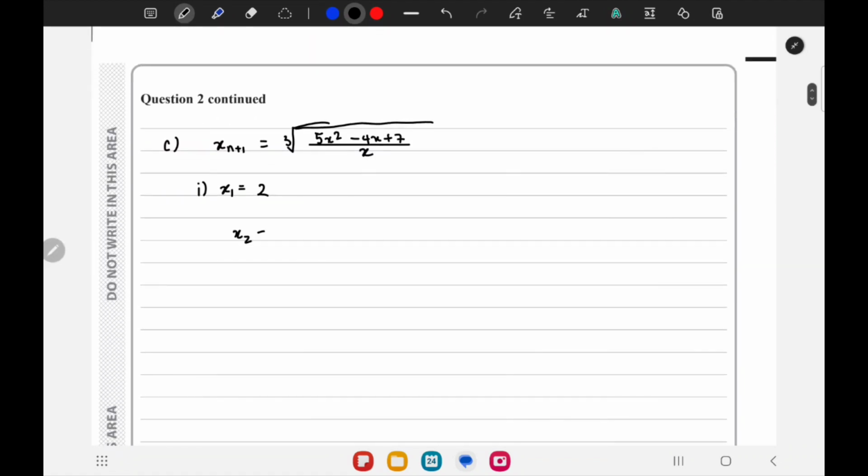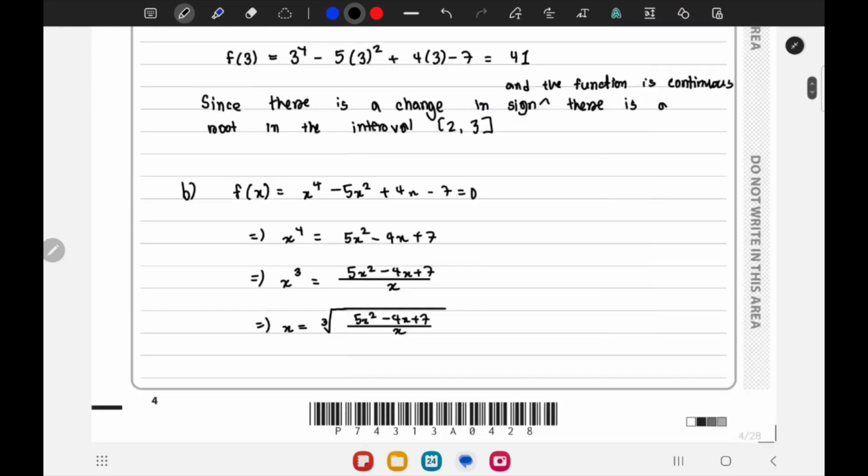So x2 would be the cube root of 5 into 2 square minus 4 into 2 plus 7 by 2, which would be 2.1179.